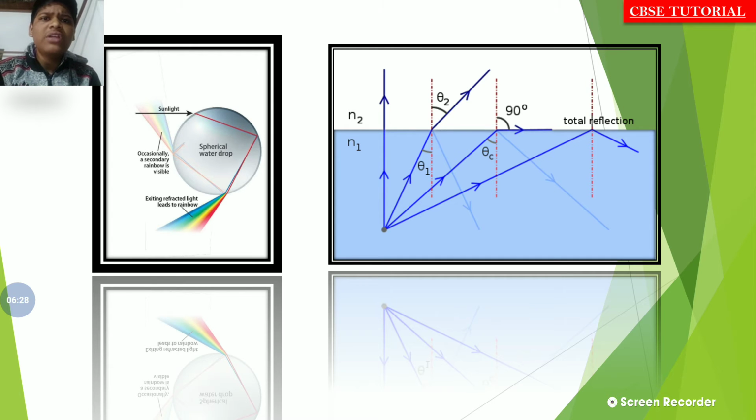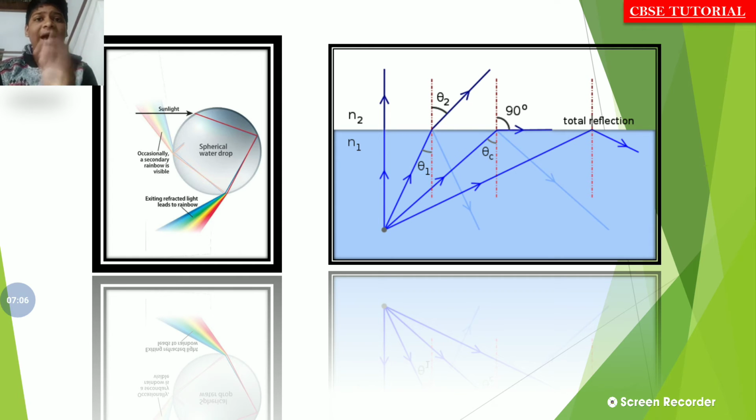The refracted ray was moving along an imaginary axis dividing medium 1 and medium 2 from each other, that is water and air. If it is moving along that imaginary axis, what is the angle of refraction? You can see the angle of refraction is a right angle, 90 degrees. It is making a perpendicular angle with the normal.